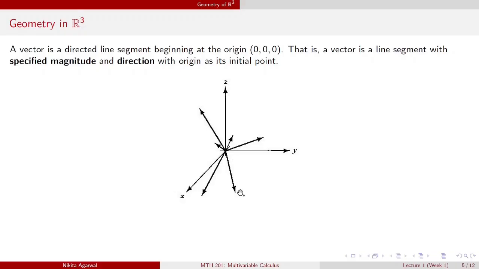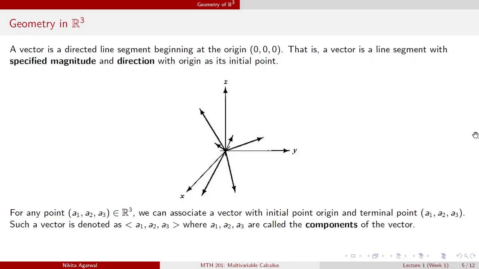We'll come to the concept of length or magnitude in a while. But at the moment, you can think of taking some particular length vector and placing it so that it starts at the origin. So there are infinitely many such vectors, right?